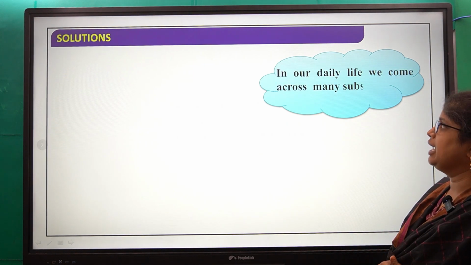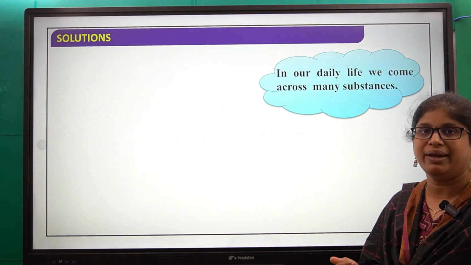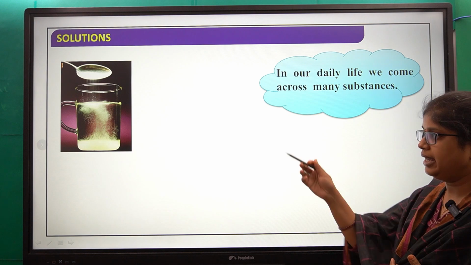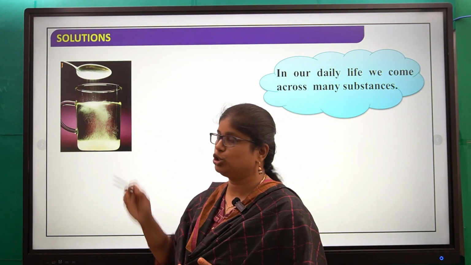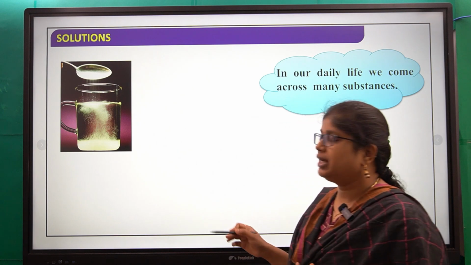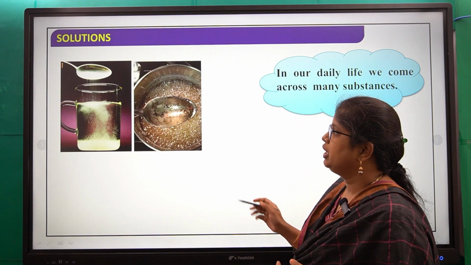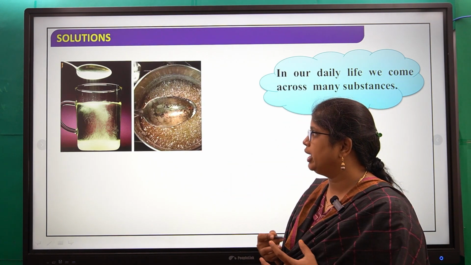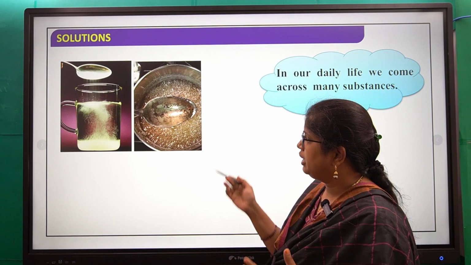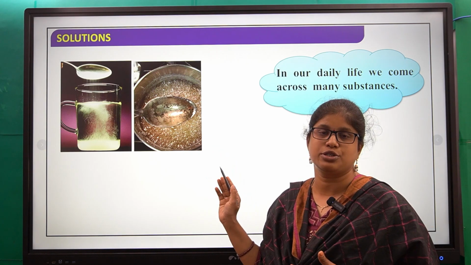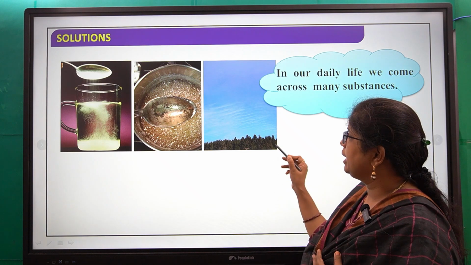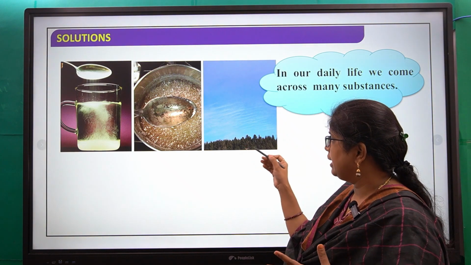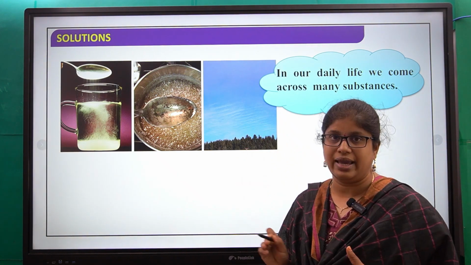In our daily life we come across many substances like these. Here we are adding some salt to the water, and that gives us a solution. Here we are boiling a compound, it looks like sugar solution. Here it is the sky and the plants, where we are observing the air.